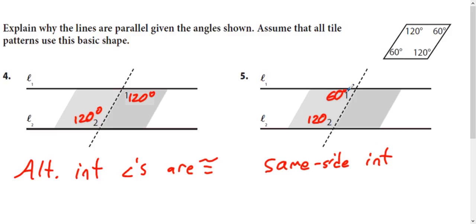And then 120 plus 60, that equals 180. So they are supplementary like they're supposed to be. So same side interior angles are supplementary. Since they are supplementary, that means the lines are parallel.